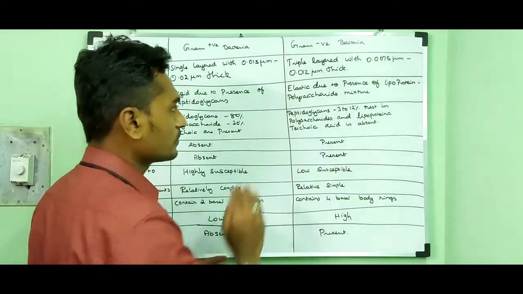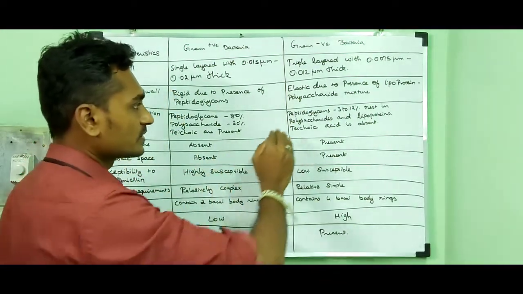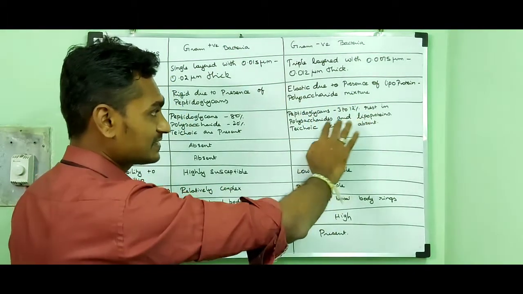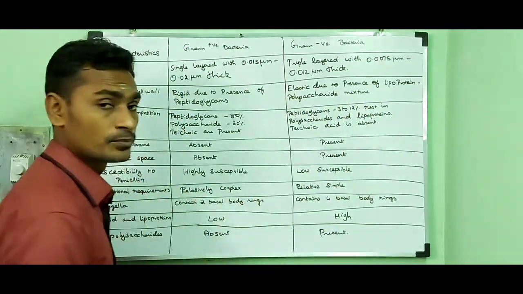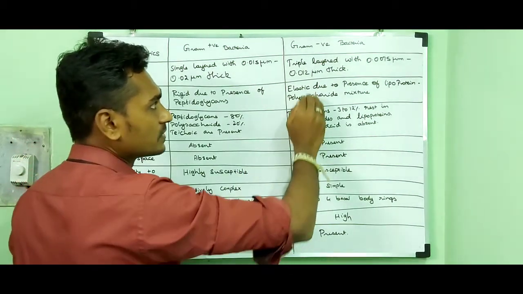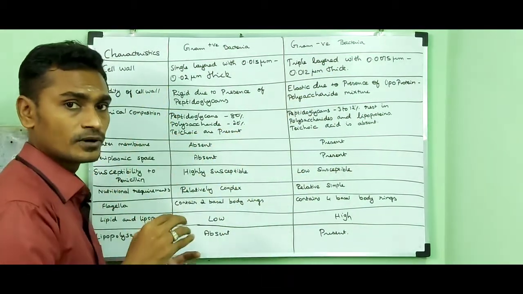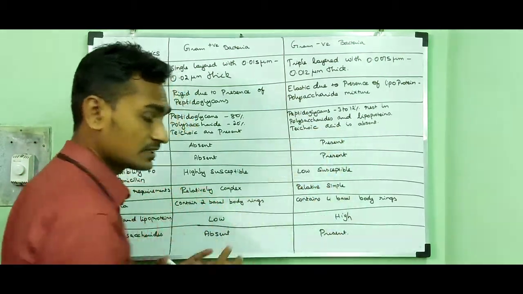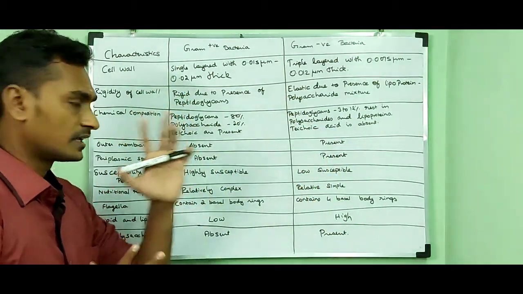While in the case of gram negative bacteria, the cell wall contains peptidoglycan 3 to 12% only, the rest is polysaccharides and lipoproteins. So gram negative bacteria contain a smaller amount of peptidoglycan, and teichoic acid is absent.